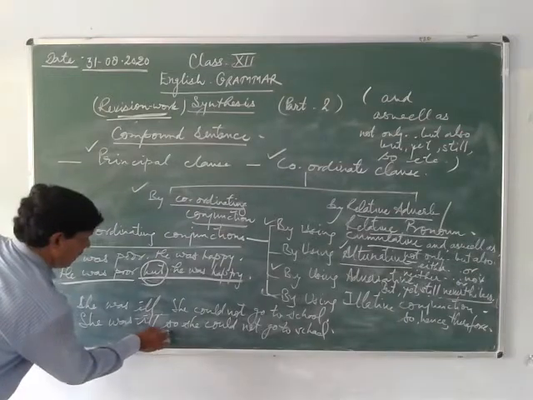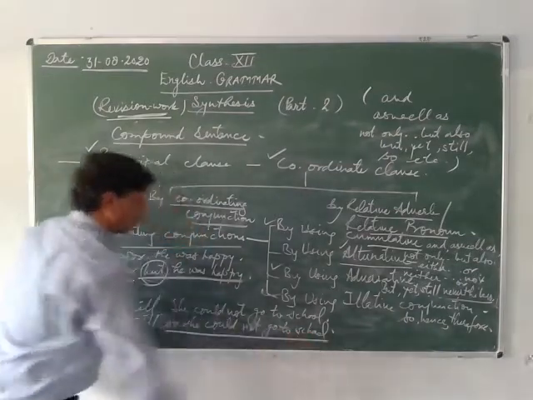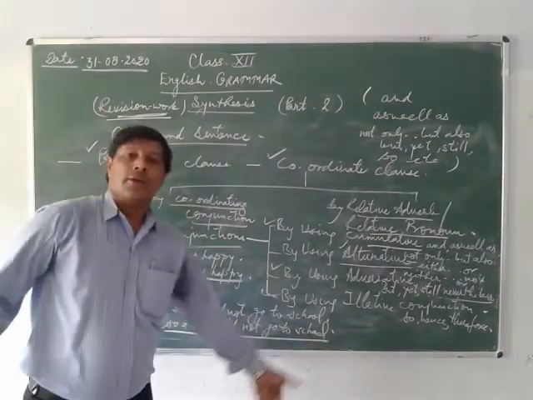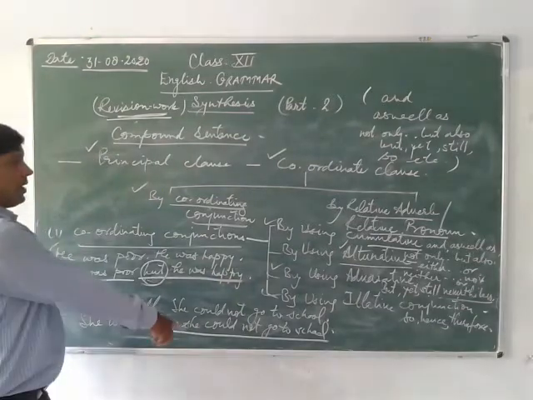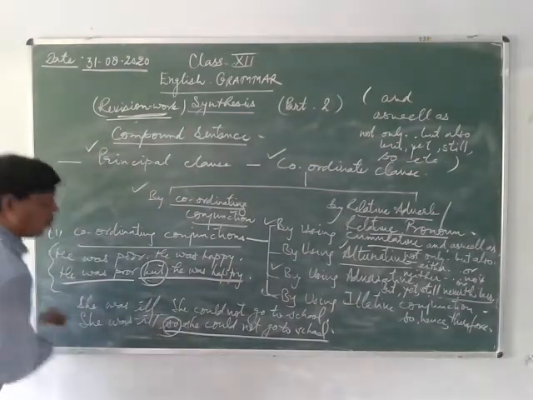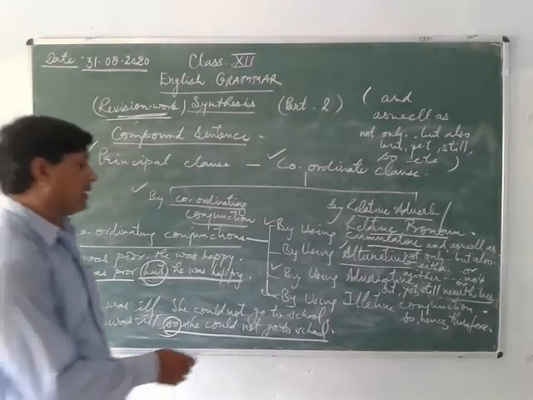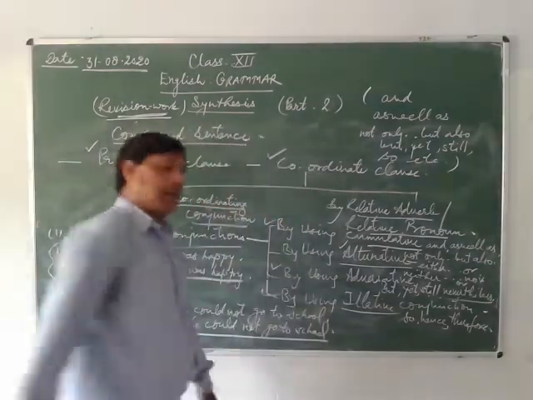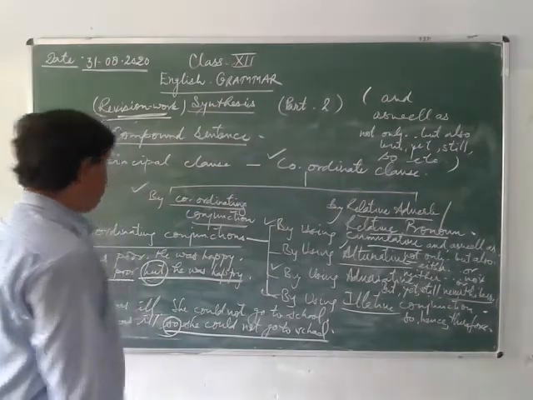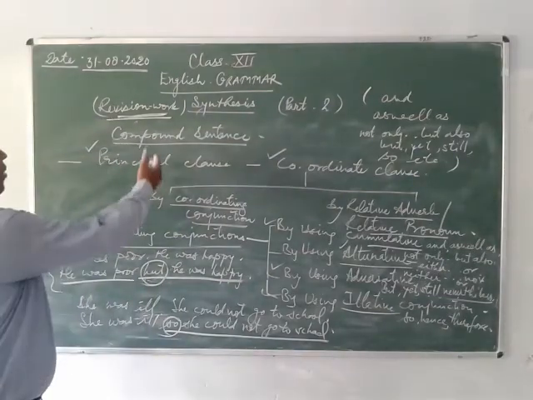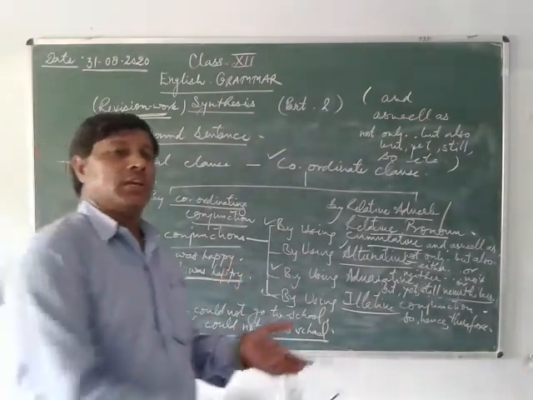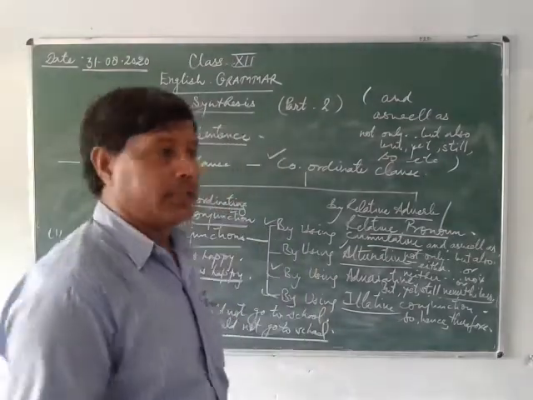See here. In the same sentence, you will find the coordinate clause, and the word so is the coordinating conjunction, and among coordinating conjunctions this is the illative conjunction. So dear students, you will see how we combine two or more sentences into a compound sentence.